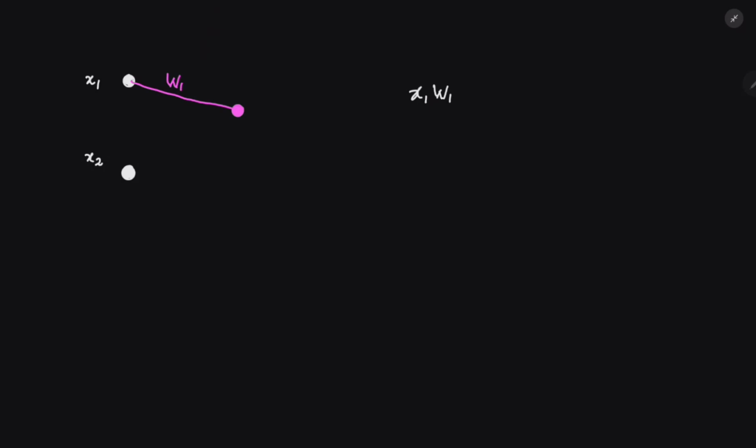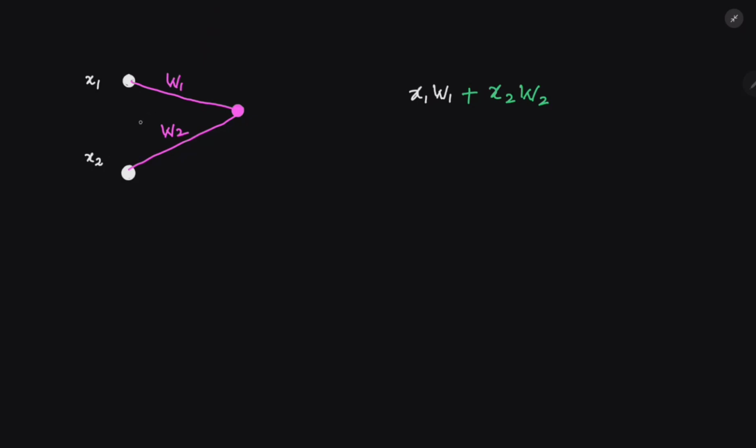Now for the second input, we also link that to the output. This is the output, and this is w2. So we have w2 over here. So what we do, we add these together, plus x2 w2.